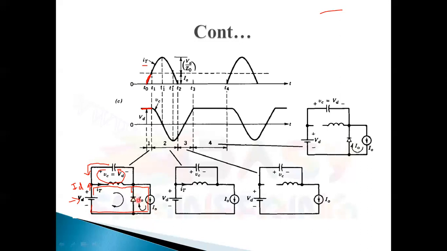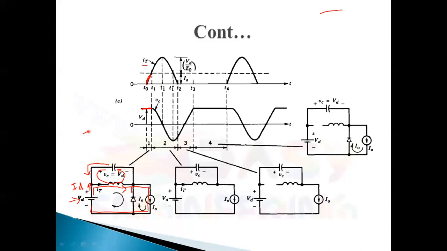The diode is on for a fraction of time, but it is on in first mode, because of this source, when the energy of this current is less than the energy of this I0.